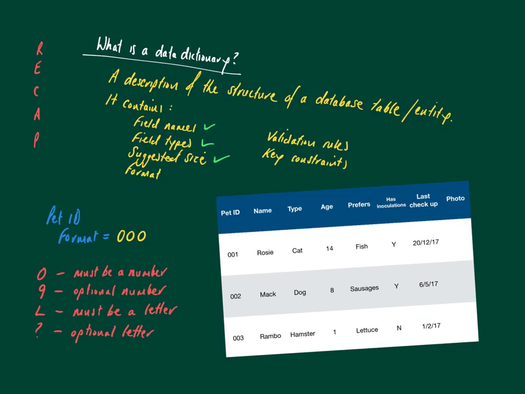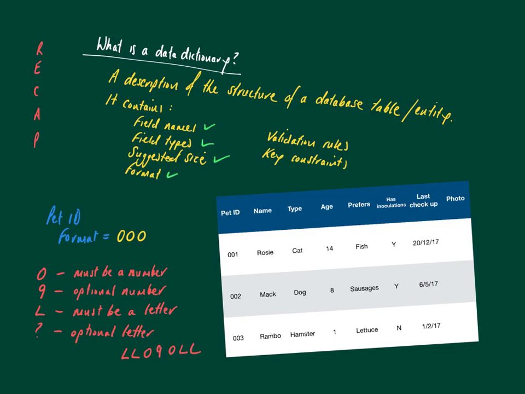And this is particularly useful in the cases of, for example, postcodes, where we might have a format in the form of LL090LL, which means there must be a letter, must be a number, might be a number, then a space, then you must have a number, then you must have a letter, and you must have a letter. And so that covers the format.